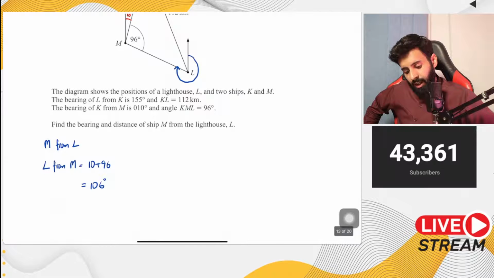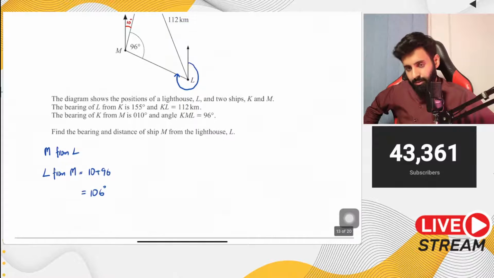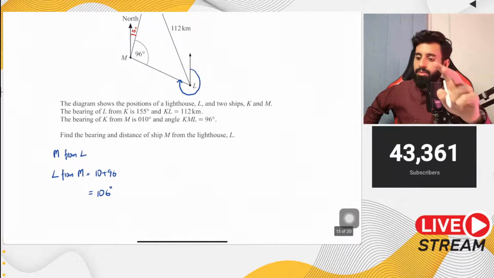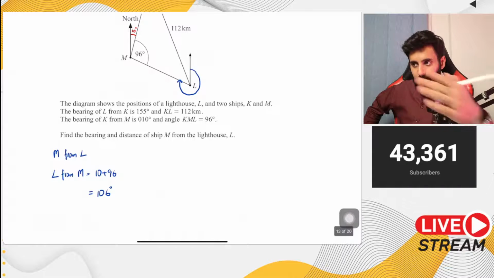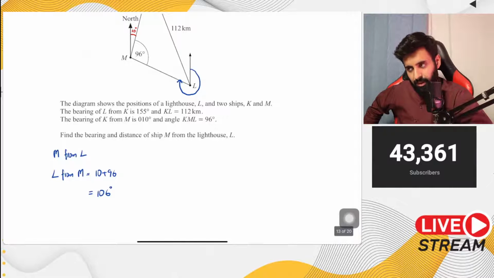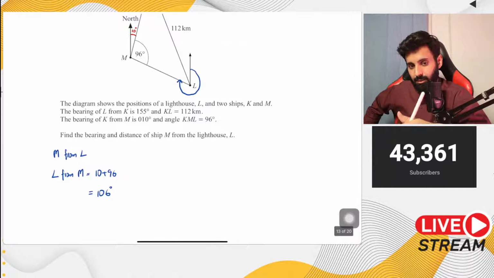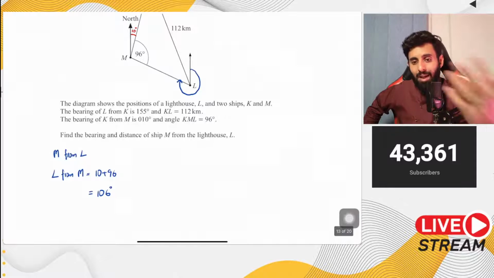Now, in order to find the opposite, there are two things you can do. You can either add 180 or subtract 180. If the bearing of A to B is more than 180, then for the opposite bearing, you subtract 180. If the bearing of A to B is less than 180, then for the opposite, you add 180.